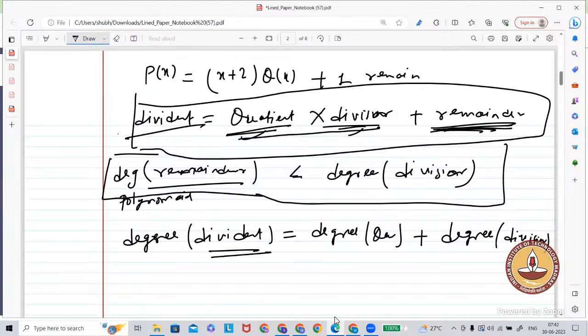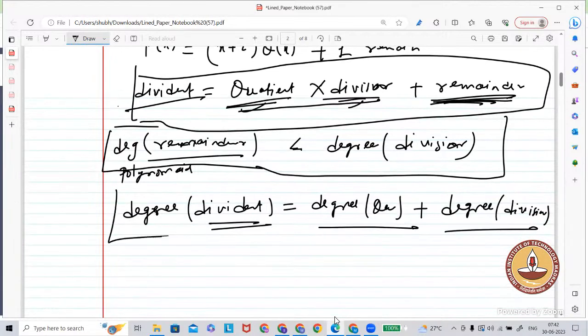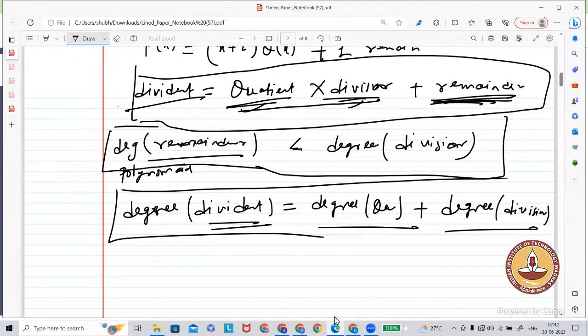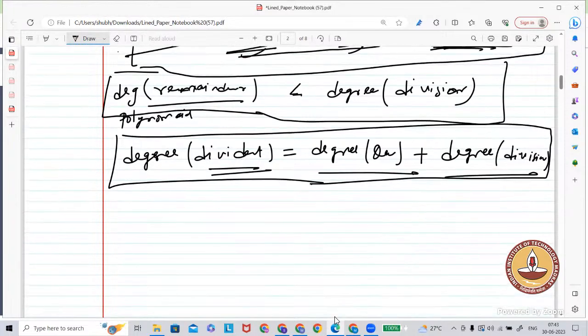So the degree of the dividend is equal to the degree of the quotient plus the degree of the divisor. You can note this. Only this much information we have.